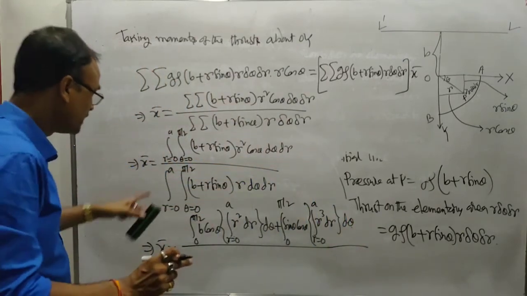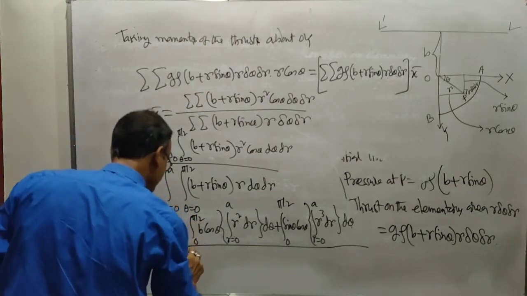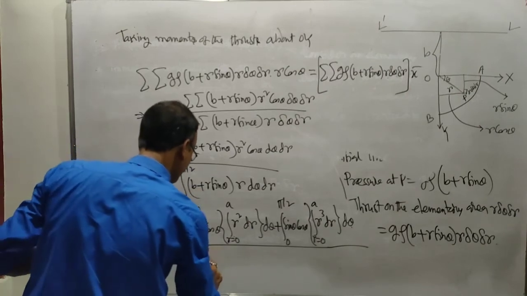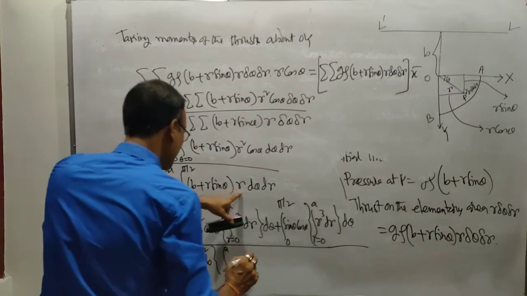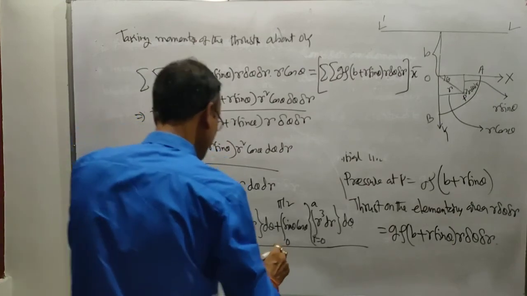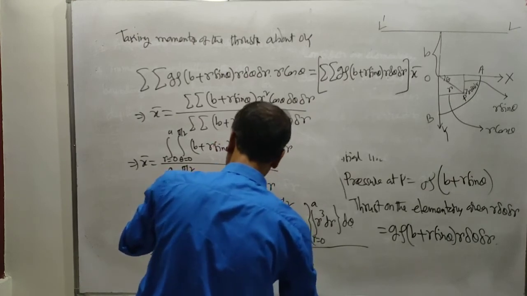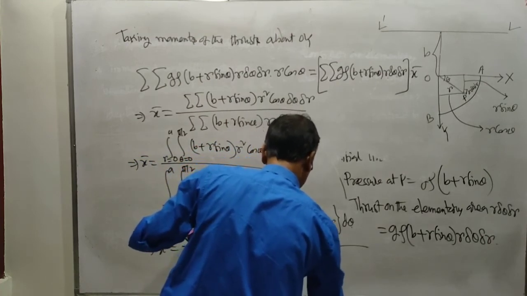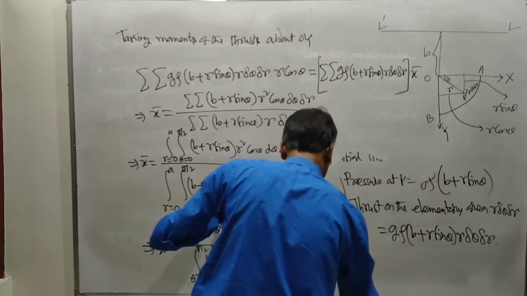And in the denominator, theta equals 0 to pi by 2 b, r equals 0 to a r dr d theta, plus integration 0 to pi by 2 sin theta into integration 0 to a r square dr d theta.